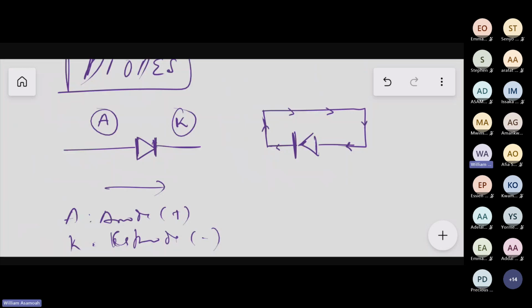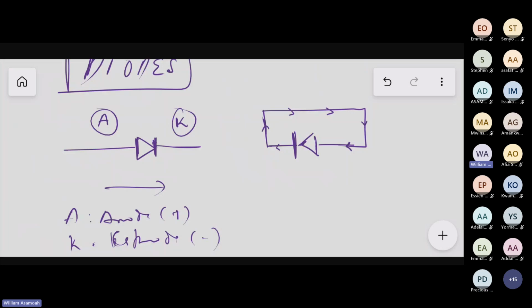There are some characteristics that everybody who wants to use a diode must know so that you can use them. Number one, a diode is said to be forward biased. I will not ask you in the exams what are the characteristics of a diode.